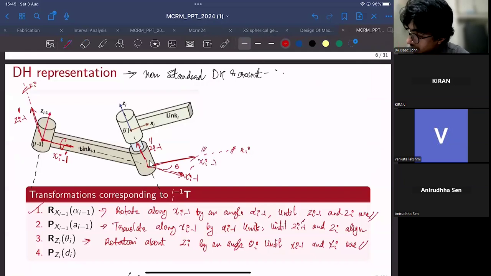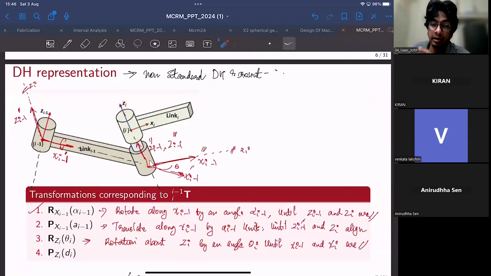Now this will be triple dash. And z_{i-1} double dash and z_{i-1} triple dash would be the same because the rotation is about that corresponding axis. Since the rotation is about the z_i axis and z_i and z_{i-1} are already aligned, any relative rotation about the z_i axis will not change the relative orientation of z_{i-1}.